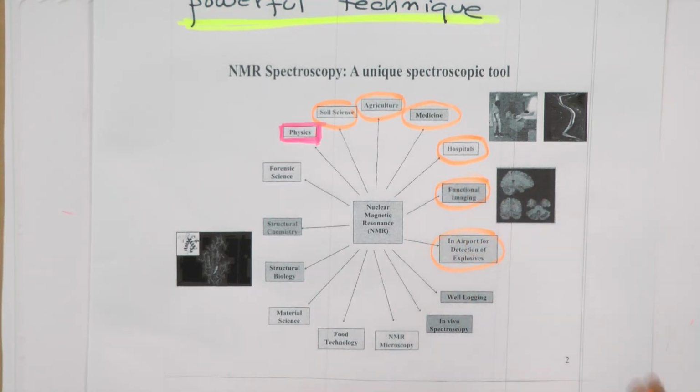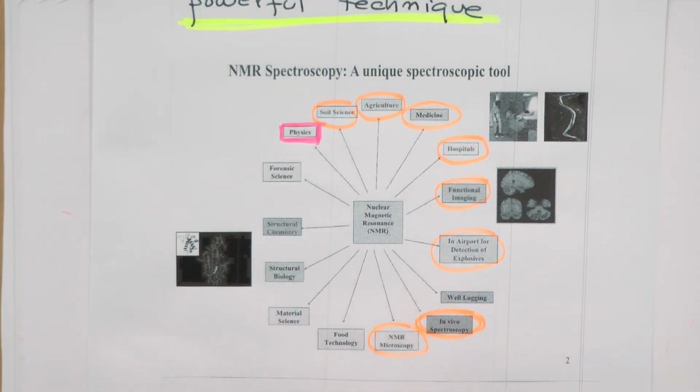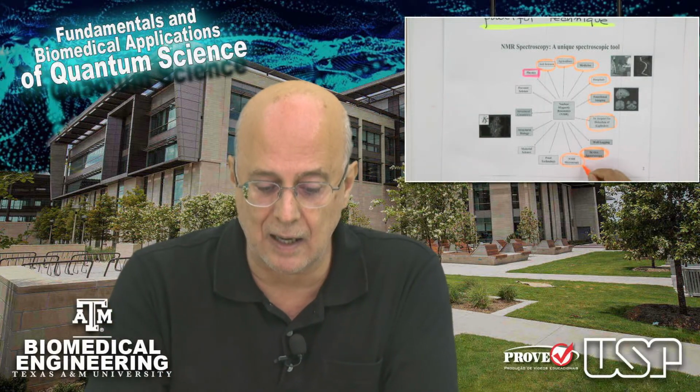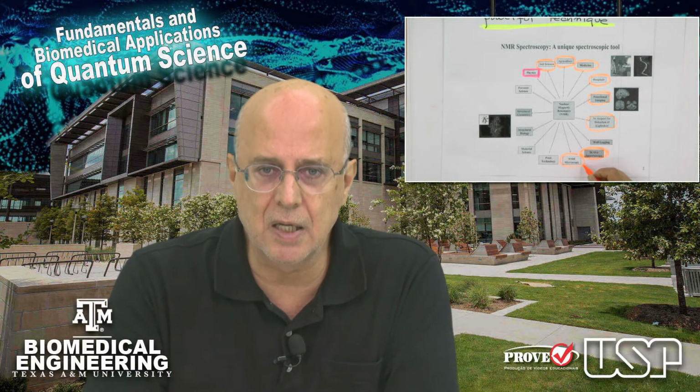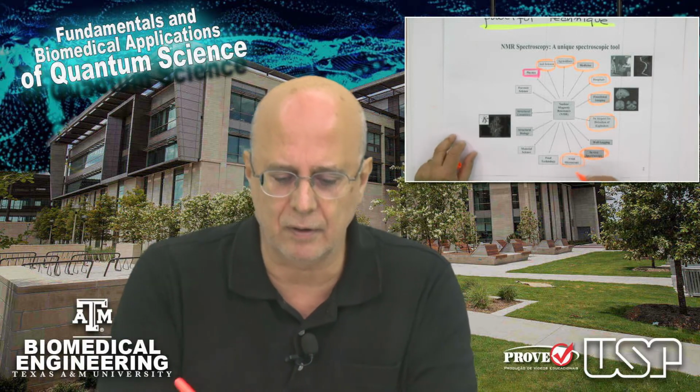Airports, detection of things that should not be there. In vivo spectroscopy, this is really great and is still being developed. Microscopy, you can do NMR at a very tiny resolution that allows you to really understand almost on the micro level what's going on.